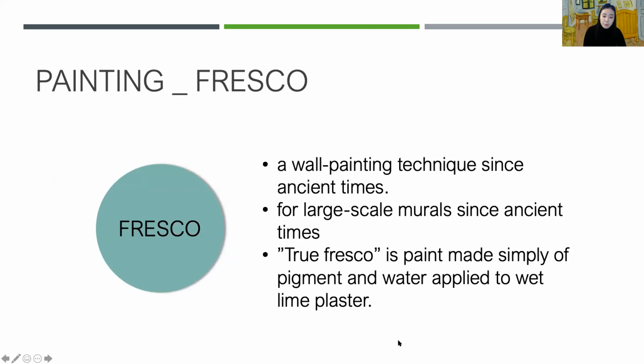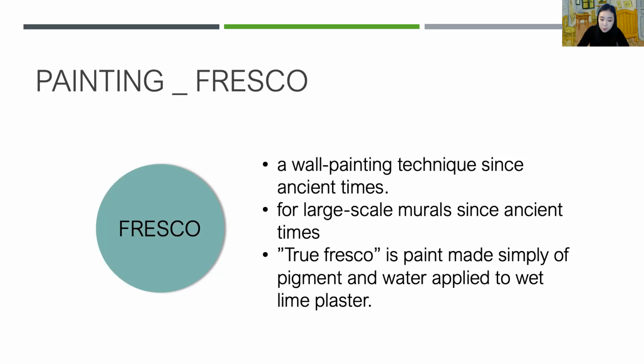So fresco. A fresco is above all a wall painting technique. And it has been used for large scale murals since ancient times. With fresco, pigments are mixed with water and applied to a plaster support, usually a wall or ceiling coated in plaster.